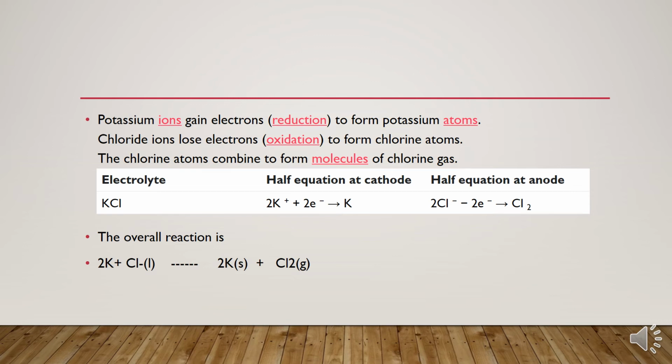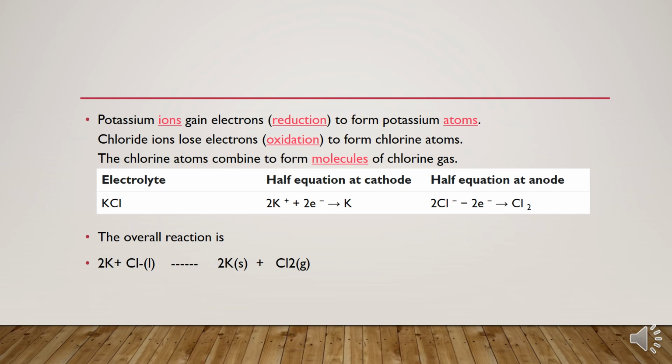Chloride ions lose electrons, that is oxidation, to form chlorine atoms. Oxidation is loss of electrons, reduction is gain of electrons. The chlorine atoms combine to form molecules of chlorine gas.